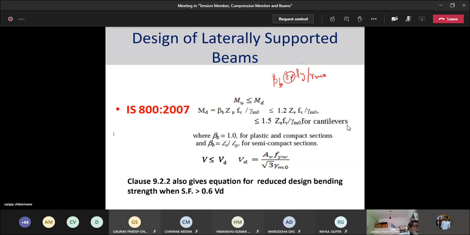Z plastic is your plastic section modulus, which is fundamentally just saying sigma is equal to M by Z, or M is equal to Z times sigma. Now, this Z times sigma becomes Zp, which is your plastic behavior, times sigma, which is Fy by lambda m naught.